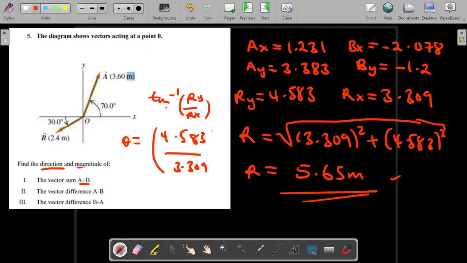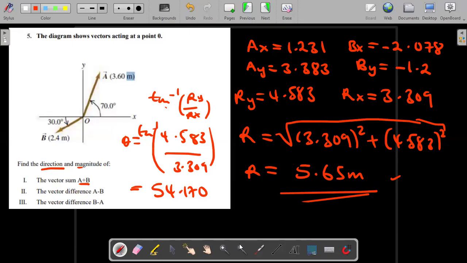So that is tan inverse of 4.583 divided by 3.309, which gives me theta equal to 54.170.